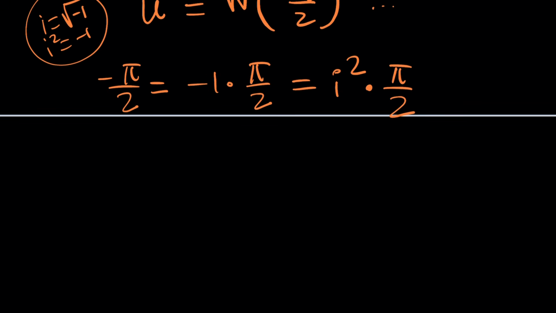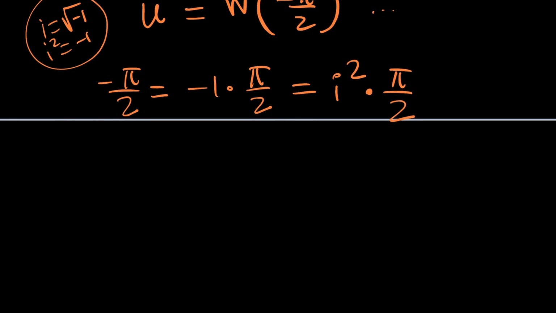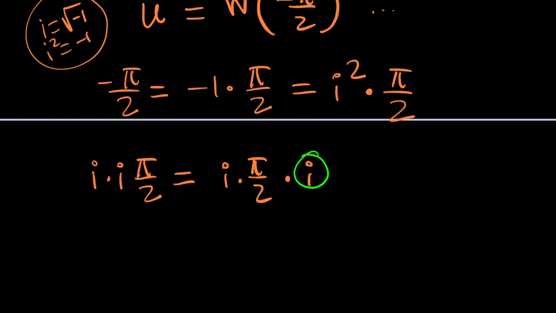And then we kind of split it up into i times i, or i times i pi over 2. And then I want to write it this way: i pi over 2 times i. But now I want to turn this i into its exponential form. And remember, I already told you that can be written as e to the power i pi over 2.